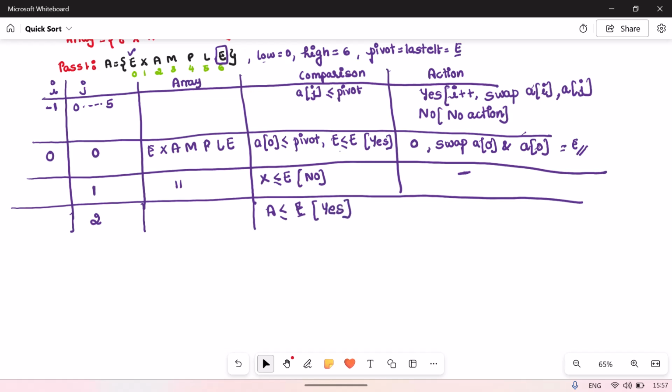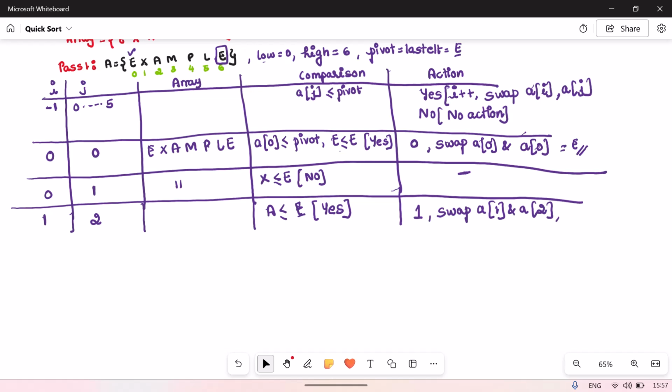Correct? If it is yes, what are you supposed to do? Increase the value of i by 1. So i is 0 right now, so increase it by 1. So it has increased to 1. Now you have to swap. What do you have to swap? A of i and A of j. So this becomes A of 1 and A of 2 should be swapped.